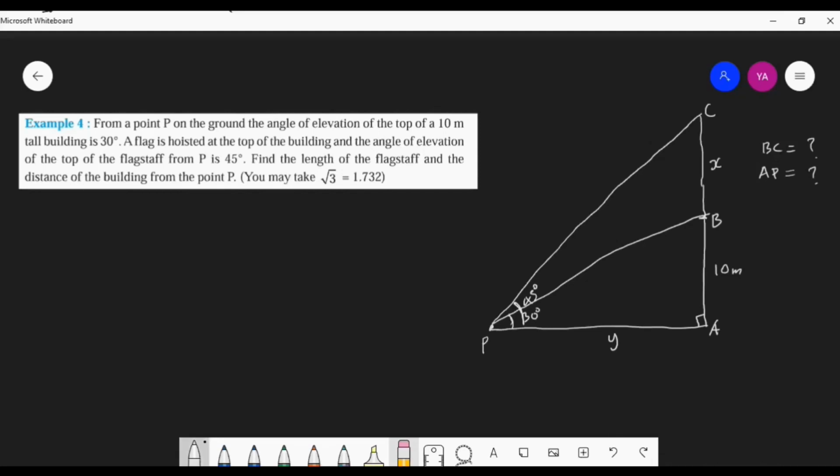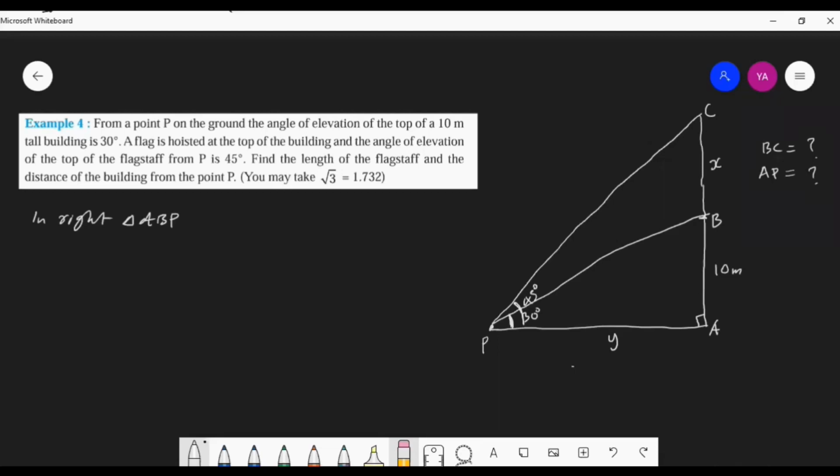First we can choose the triangle ABP, a right triangle. We want to find Y, given AB. Which trigonometric ratio do we take? The 30 degrees, tan 30.